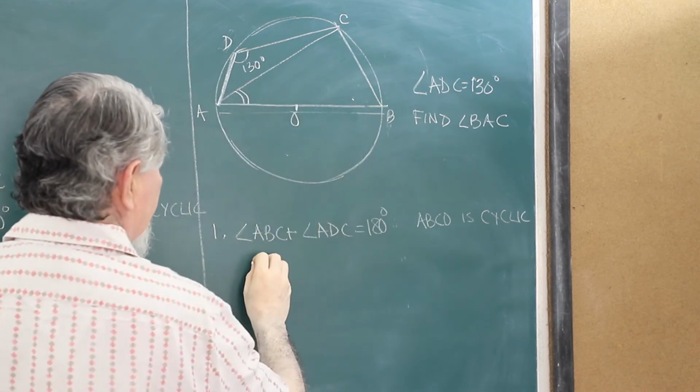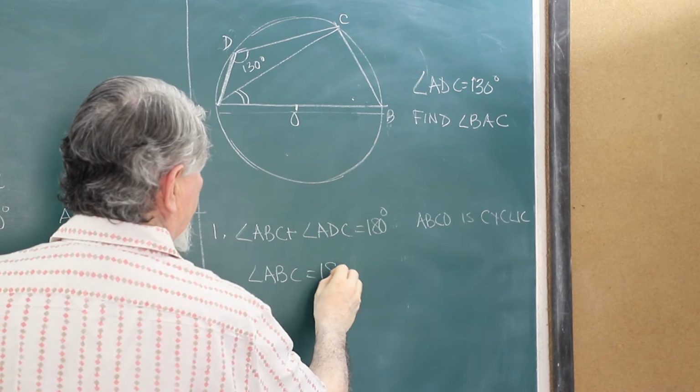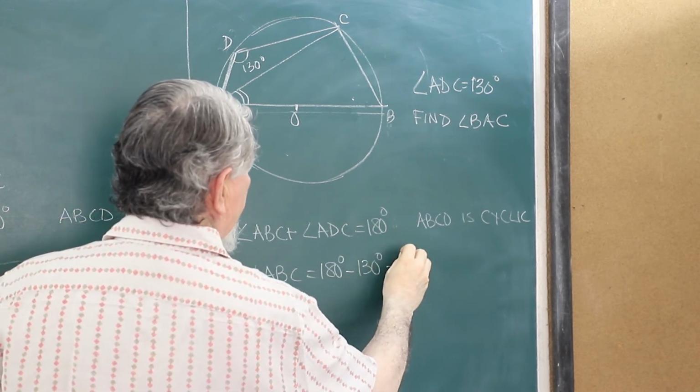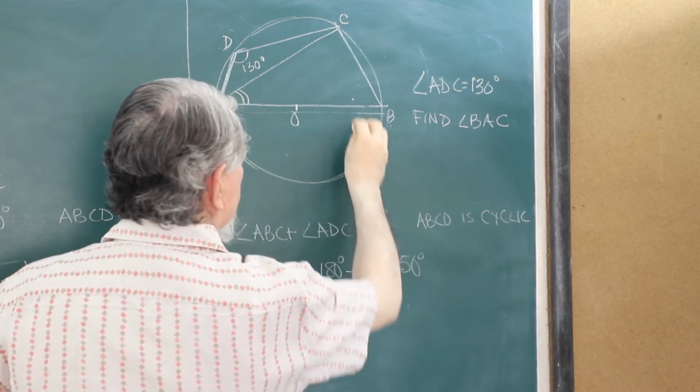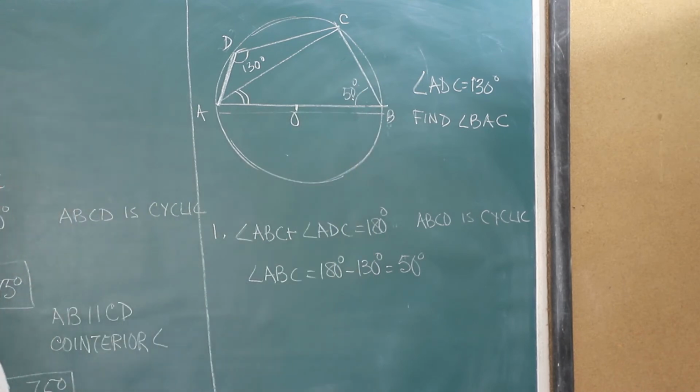So I will calculate angle ABC to be 180 minus 130 degrees, so it will come out to be 50 degrees. This has come out to be 50 degrees by the application of the cyclic quadrilateral property.